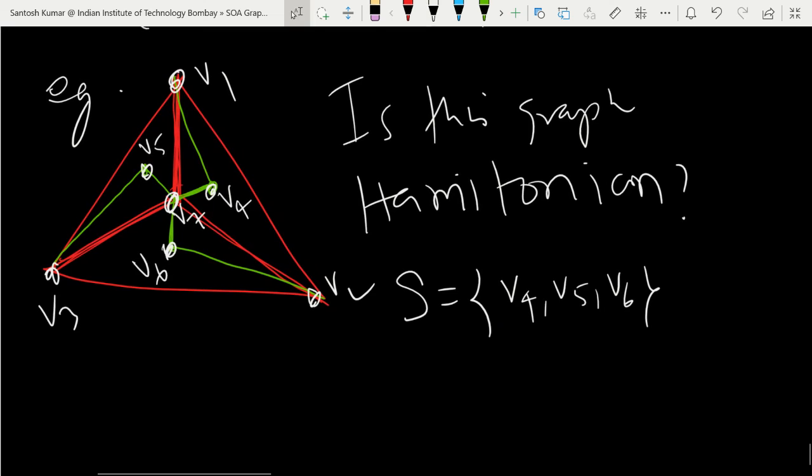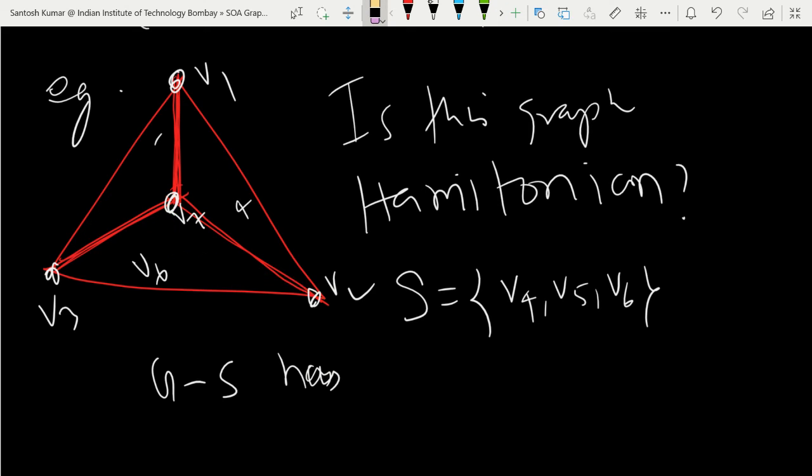Now you tell me, graph G minus S will have how many components? You remove S from graph G. You will remove V4, V5, V6. Now how many components do you see?